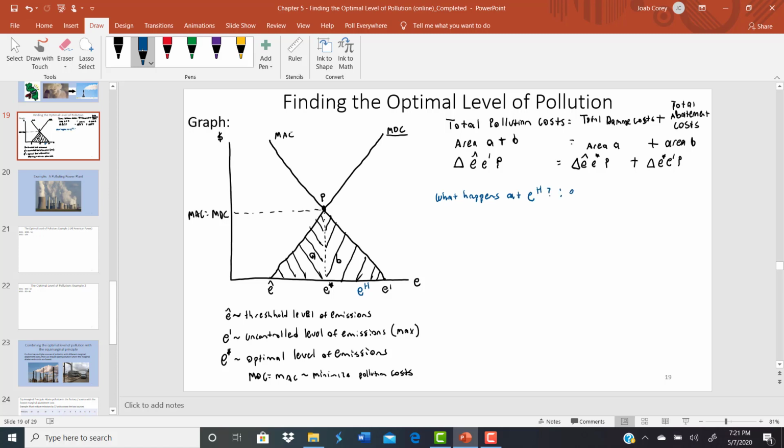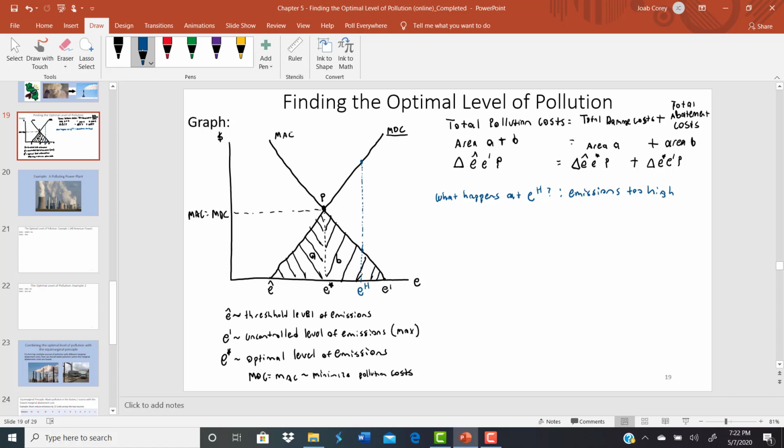Which again are just emissions that are too high. Well, when we're at EH, you have to go up to the marginal abatement cost curve to get the abatement cost, and up to the marginal damage cost curve to get the damage cost. Again, recognize that those are no longer equal to one another.